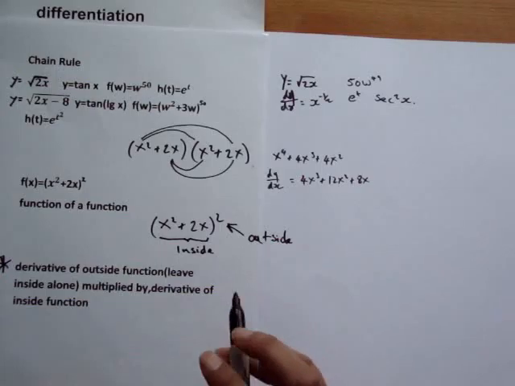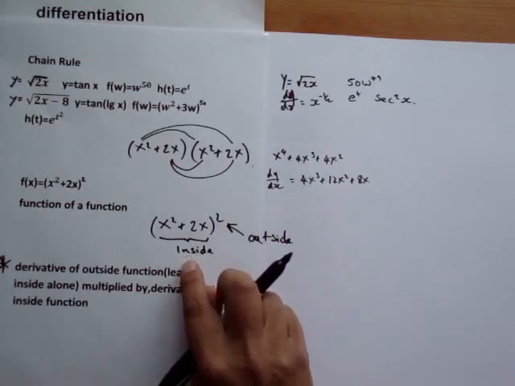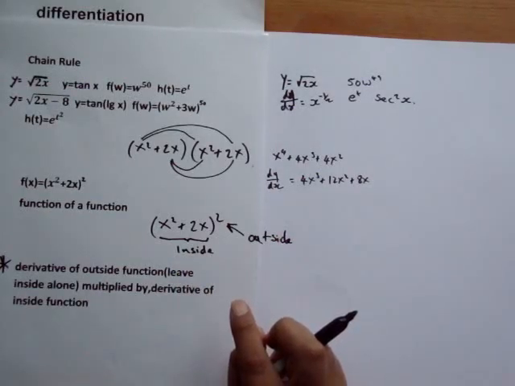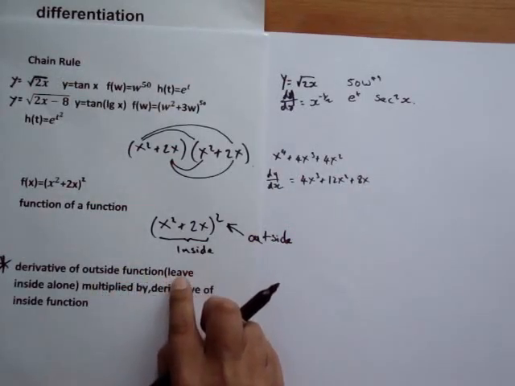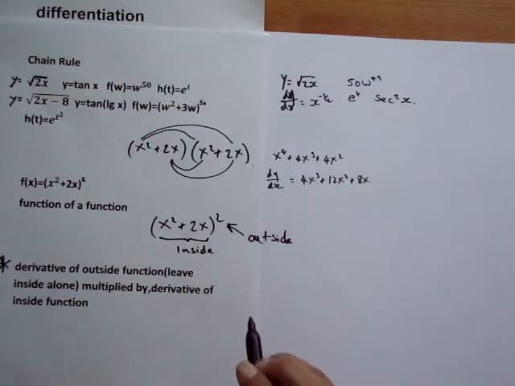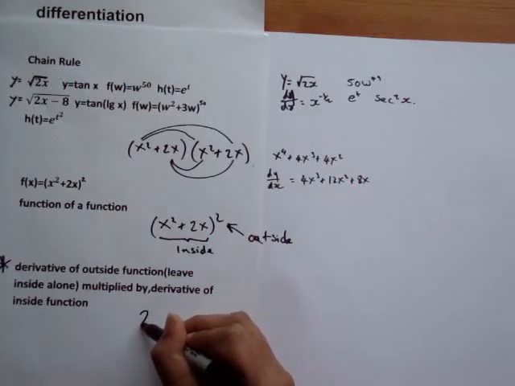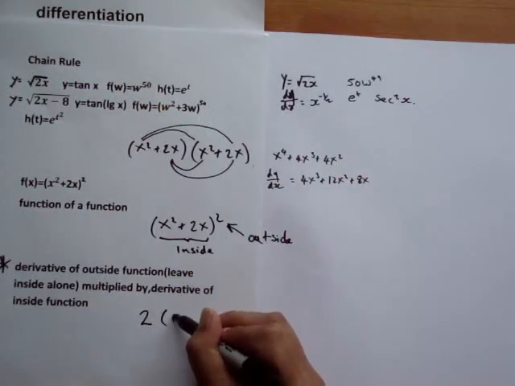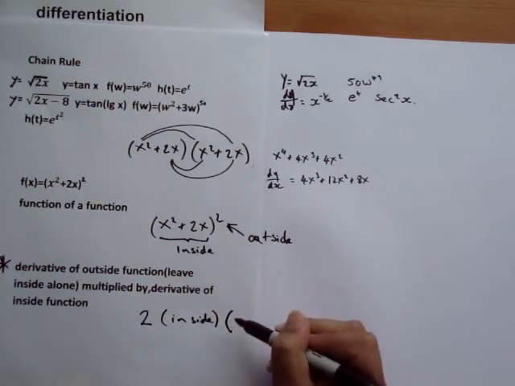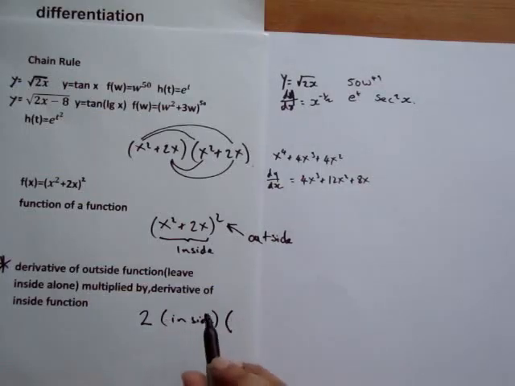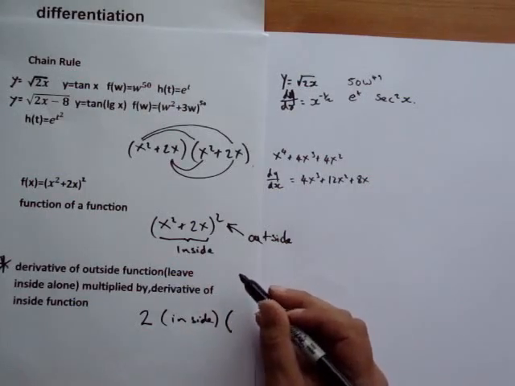So what do we do here? Well, we get the derivative of the outside function, leaving the inside alone, and we multiply it by the derivative of the inside function. So the outside function was squared, the derivative is 2 multiplied by whatever's on the inside, and then we leave the inside as it is, we don't do anything to that, and then we multiply by the derivative of the inside function.